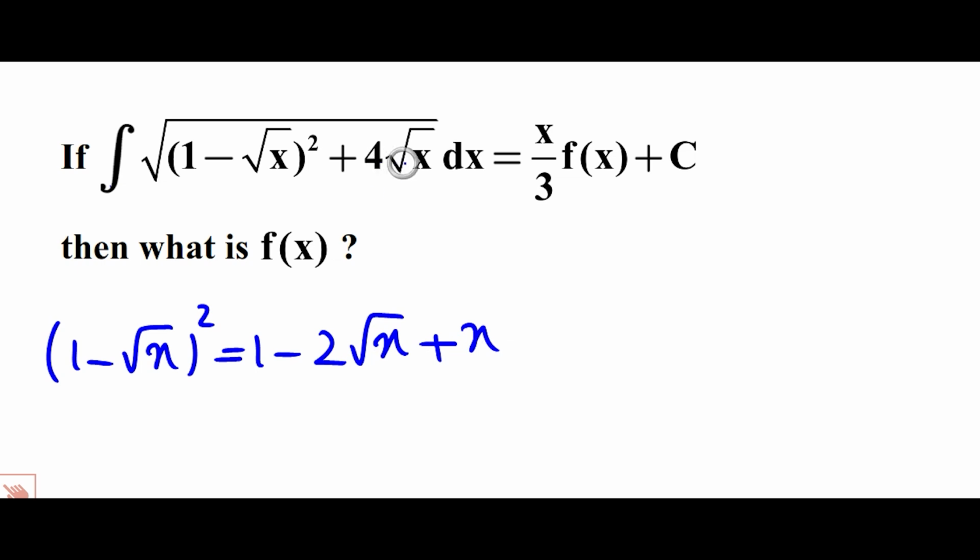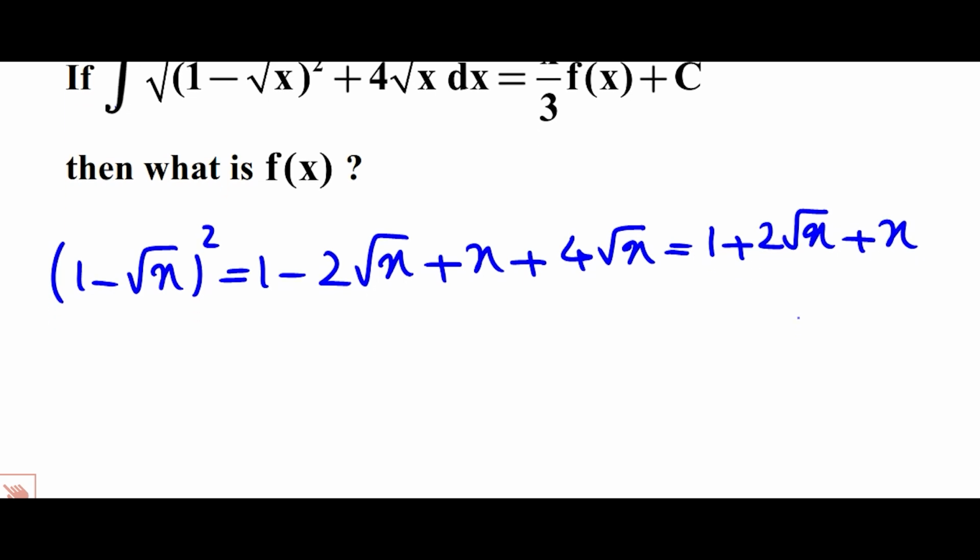Now add 4 times the square root of x. Negative 2 square root of x plus 4 square root of x equals plus 2 square root of x, plus x.